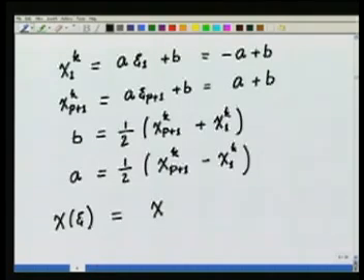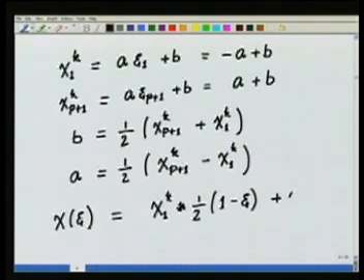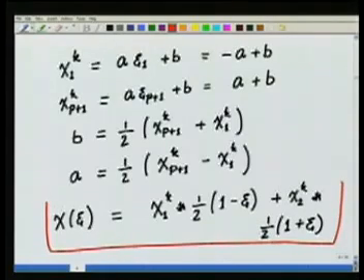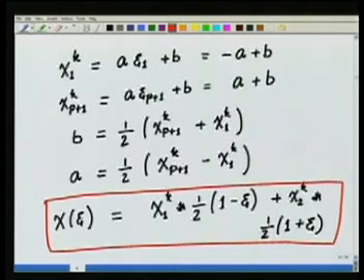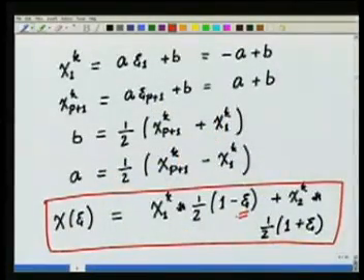It is going to be x1k into half of 1 minus psi plus xp plus 1k into half of 1 plus psi. So this is now the mapping by which any point psi, when it is given to us in the master element, we can find the corresponding point x in the physical element.